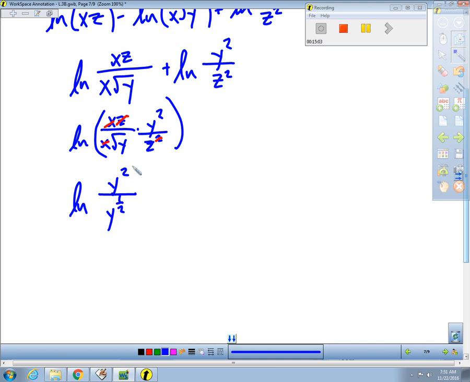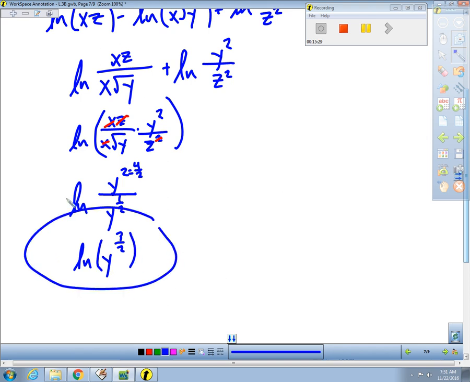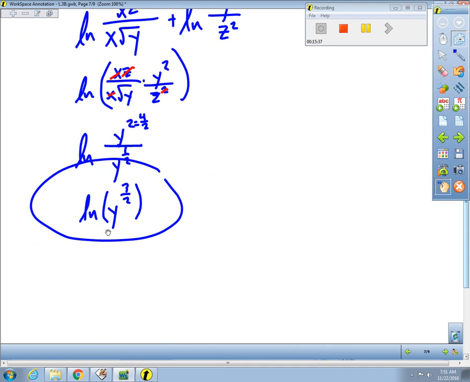And remember that this is really the same as 4 over 2. So if I take 1/2 out of that, I have the natural log of y to the 3/2. Boom. Got it. Condensed that big long thing down into one simple logarithm.